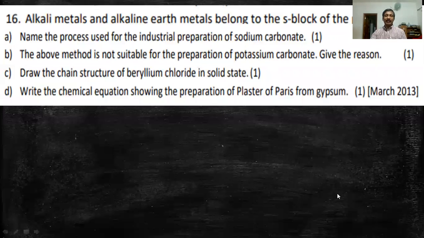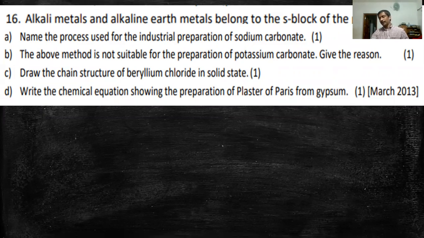Alkali metals and alkaline earth metals belong to the s block of the periodic table. Name the process used for the industrial preparation of sodium carbonate. Solvay process. The above method is not suitable for preparation of potassium carbonate. Here's the reason.